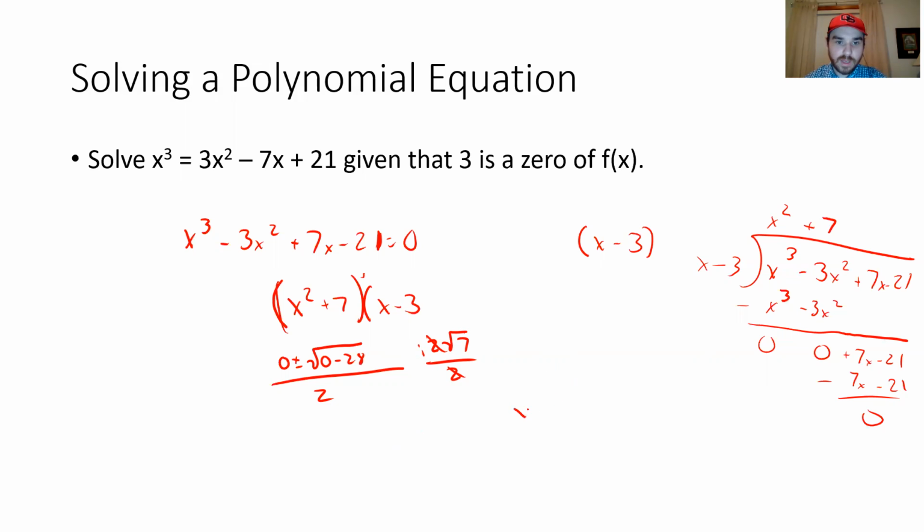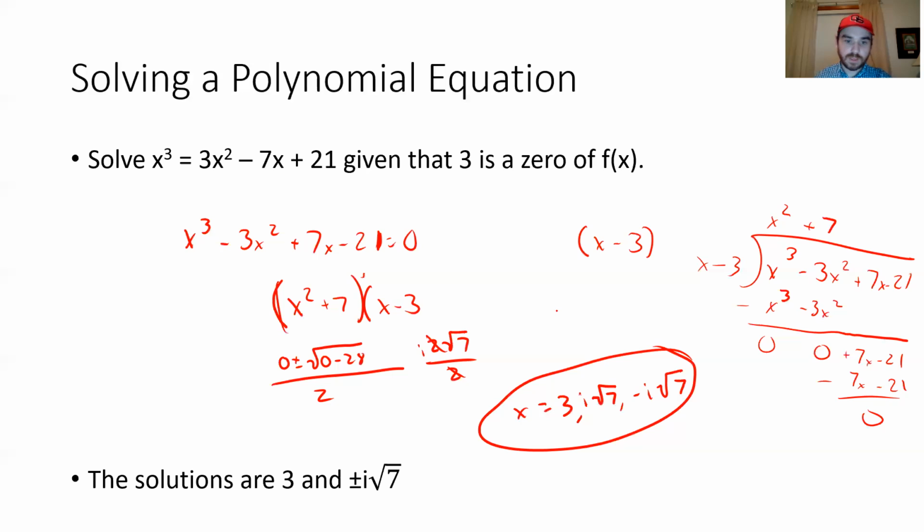So x equals 3, i square root 7, negative i square root 7. Yeah, so 3 and plus or minus i square root 7.